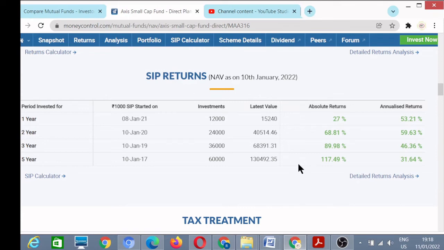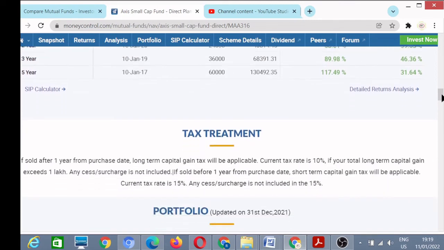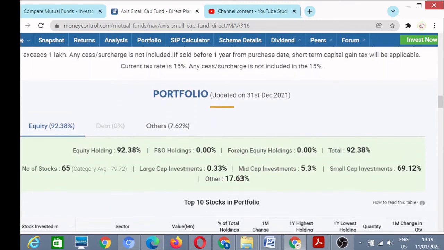Here your returns are 31.64%. These returns are 5 to 6 times. So this is the beauty of it. But risk is also high in these instruments.